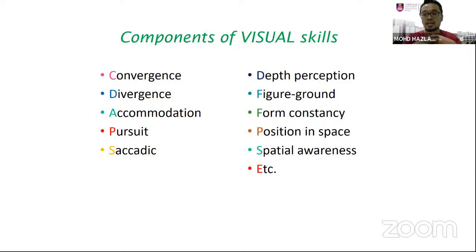It requires integration with other kinds of components. I will tell you on the next slides about what we need to consider to relate visual skills with other kinds of development. So we know that it is not just these components that we need to assess, but there are other things we need to look at. Okay, next slide.